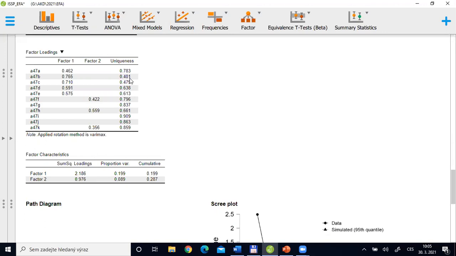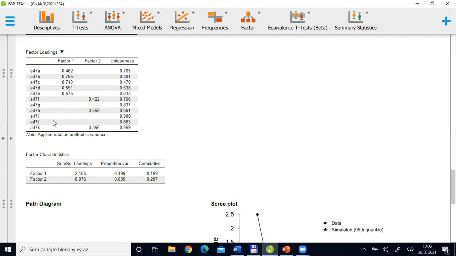So communality is explained variance, uniqueness is unexplained variance. Here, these figures are quite nice, but as you can see, for the previously discussed item G, uniqueness is 0.84. So only 16% of the variance of this item is explained by these two dimensions. The rest, 84, is unexplained.